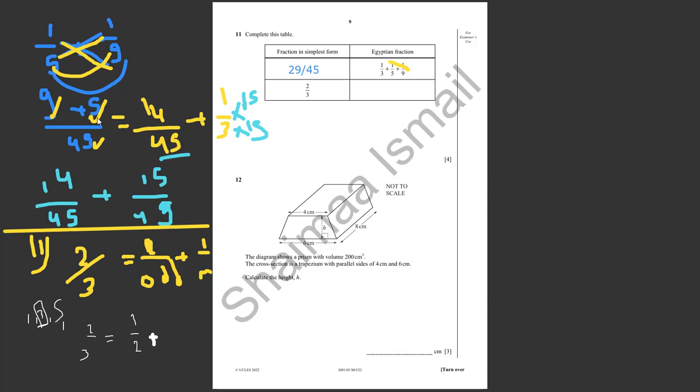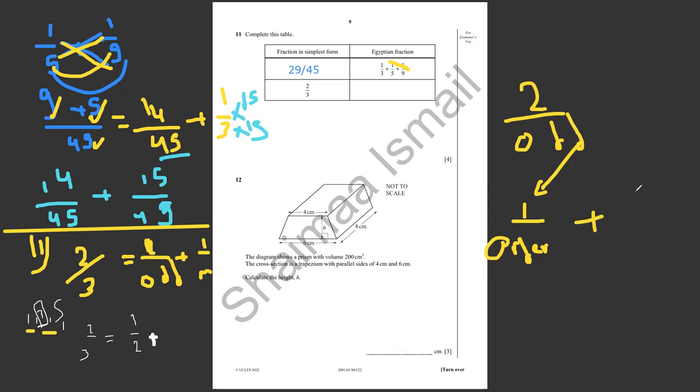Okay, I'll read you the rule here. It's a 2 over odd. So we cut it into 1 over the order of the odd numbers. So if it's 1, 3, 5, the first, the second, the third, 1 over the order, plus 1 over the multiplication.